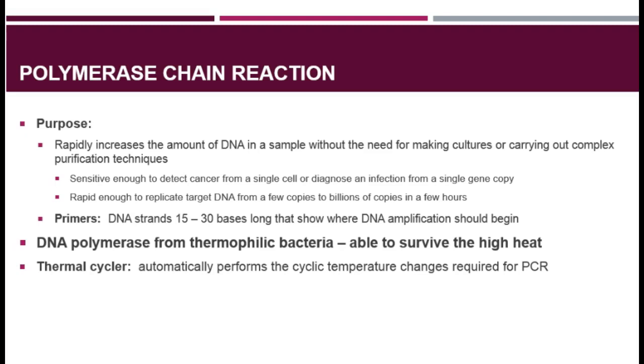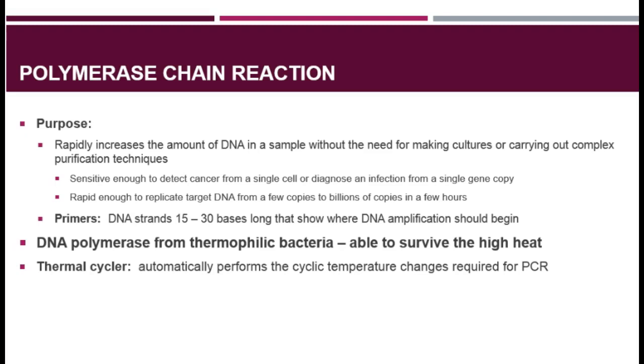We also use a DNA polymerase that was isolated from a thermophilic bacteria, because the PCR process uses some pretty high temperatures in order to separate the two DNA strands, and the DNA polymerase in the thermophilic bacteria is able to survive those high temperatures.